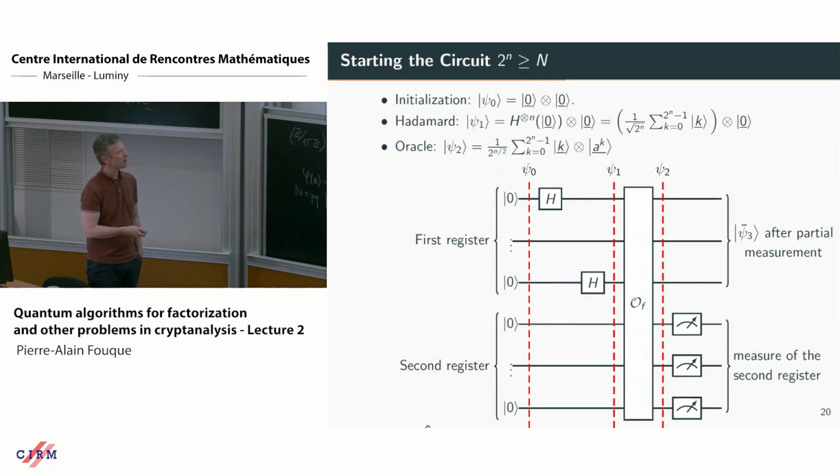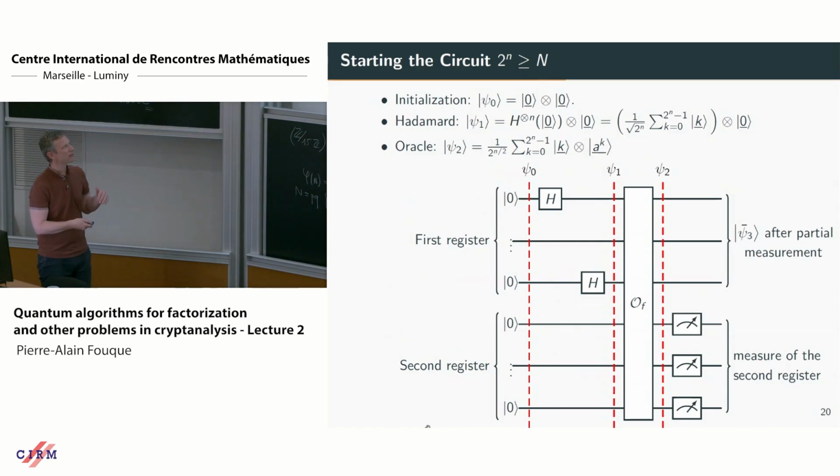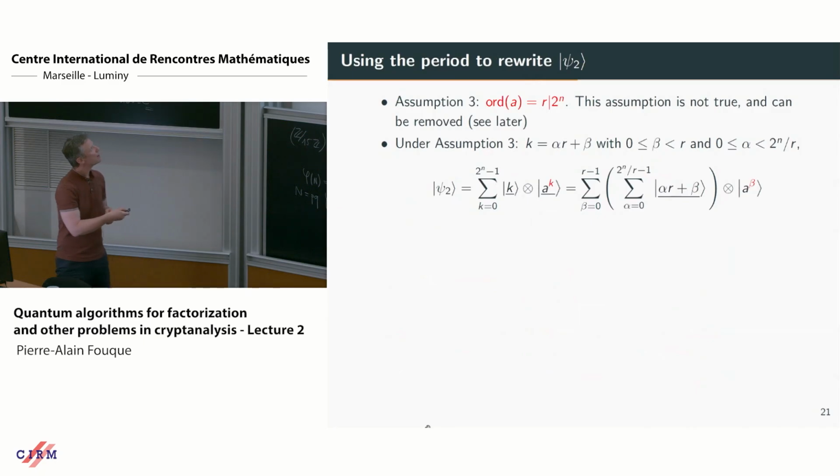At some point I will do a measure on the second register, and as we did this morning with Simon, it will fix some value, and we get some state after the partial measurement. Here I will assume, as a third assumption, that the order r of a divides 2 to the n.